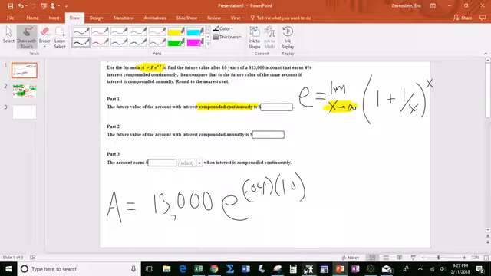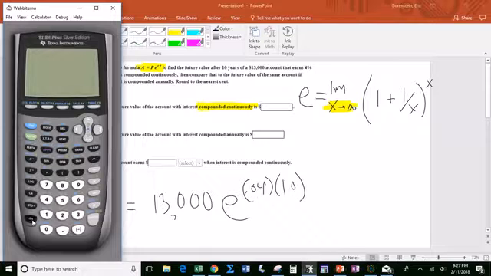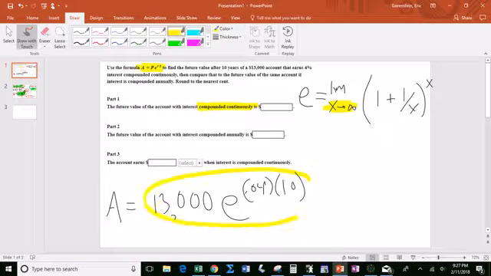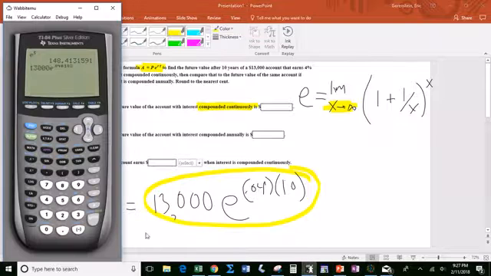So I'll come over to the calculator again, and let's just type it in exactly as it's given. 13,000 E raised to the power 0.04 times 10. Exactly as we have here. Let's type directly into the calculator, and let's see.